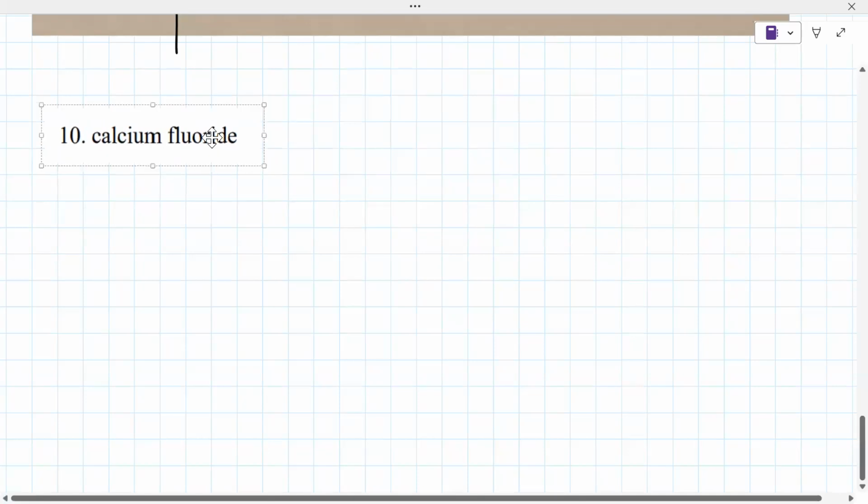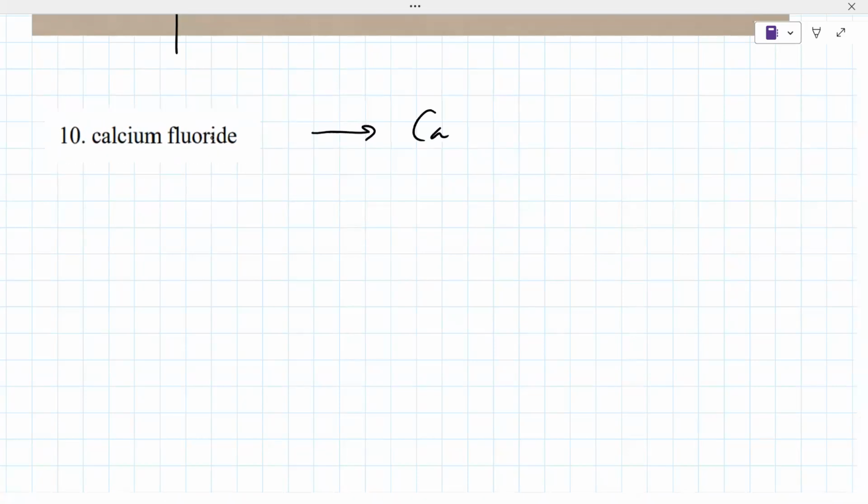Let's say I give you a problem like calcium fluoride. I give you the name, and will you be expected to then write CaF2? That's where those numbers come in.